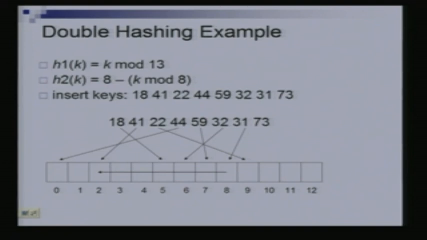So we go to location 2. That's occupied. So 2 plus 7, 9. That's also occupied. 9 plus 7, 16. 16 mod 13 is 3. So it goes to this location which is unoccupied. So it ends up here. Right? So this is how the elements would be distributed in the table.